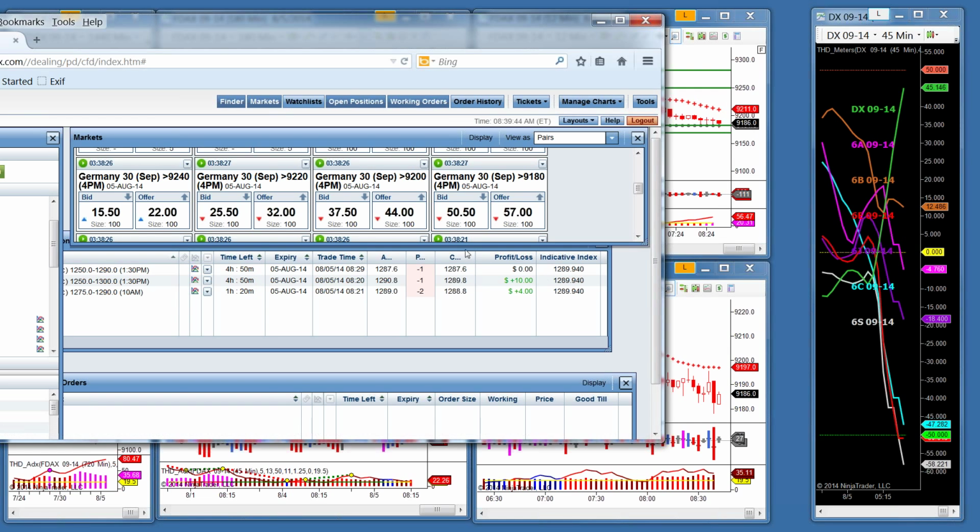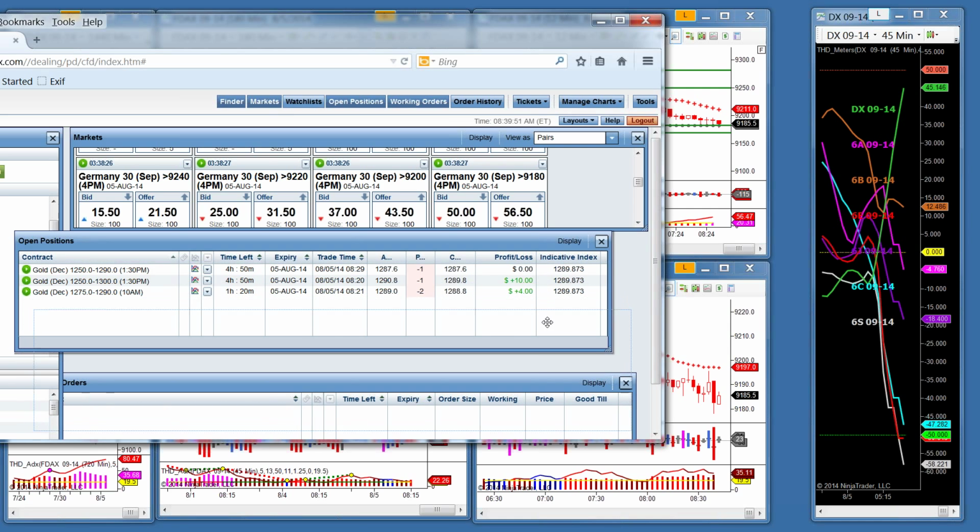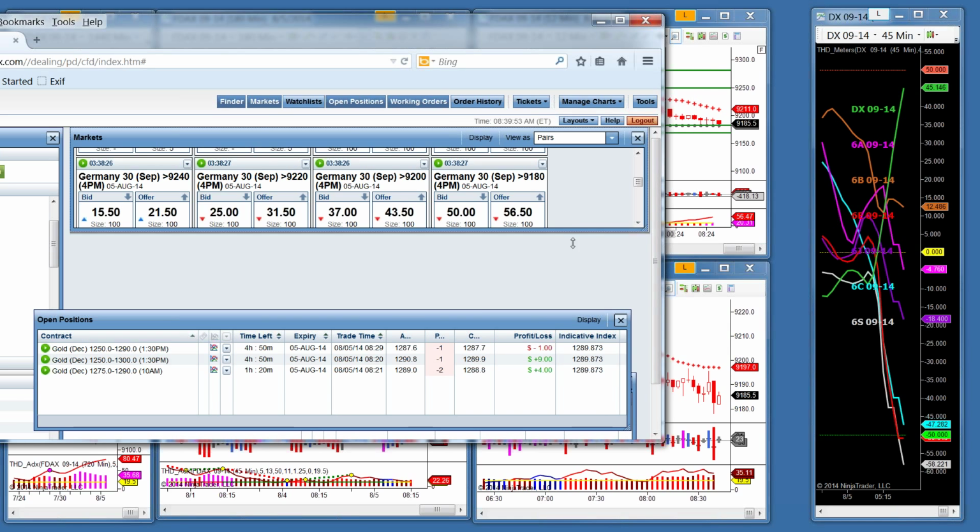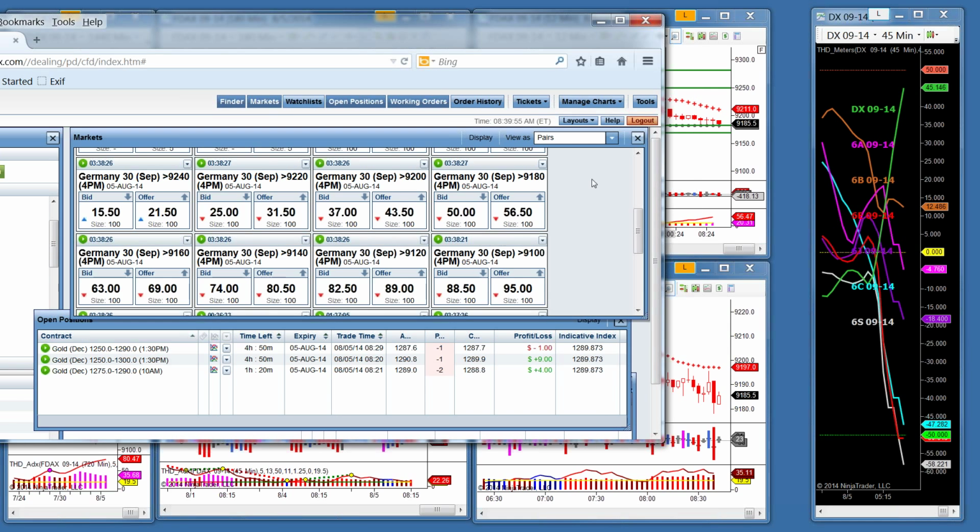Okay, so in this case, we could trade a very cheap binary, and let me show you. We're going to go out of the money, okay? Because the DAX moves more than any of the U.S. indices, okay?